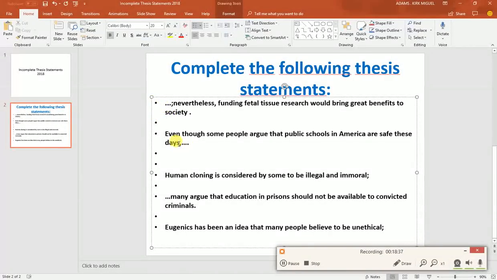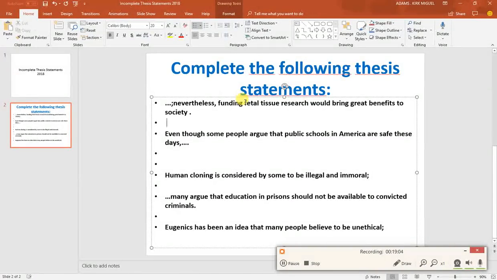The challenge with these thesis statements is to imagine what would be the opposite side argument. What's missing? Well, here in number 1, the idea is that this person believes that doing research on fetal tissue, which is, I think in Spanish you say, célula madre.